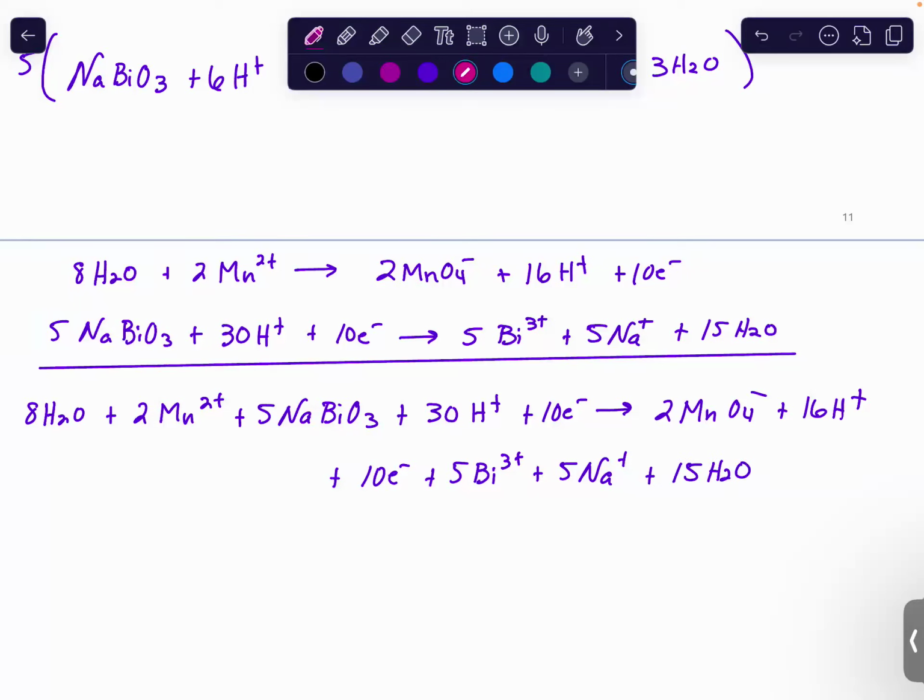All righty. So let's cancel terms that are the same. 10 electrons is the same on both sides of the equation. What else is the same?